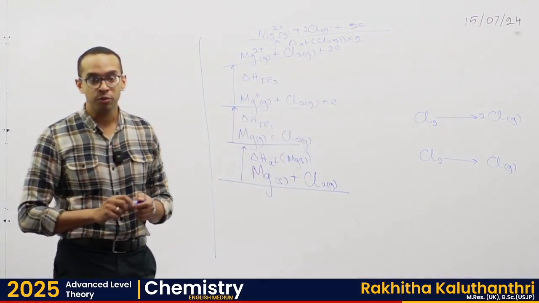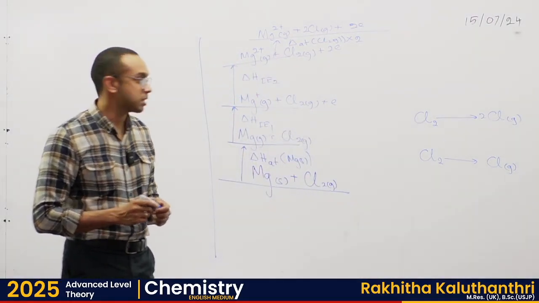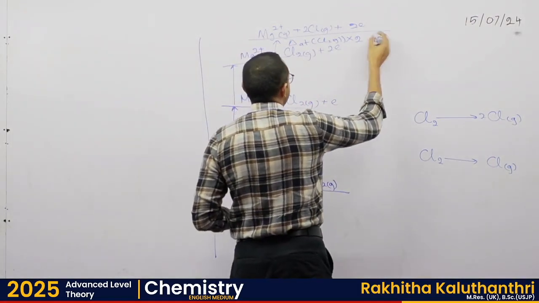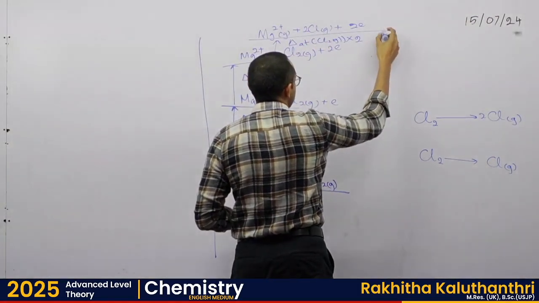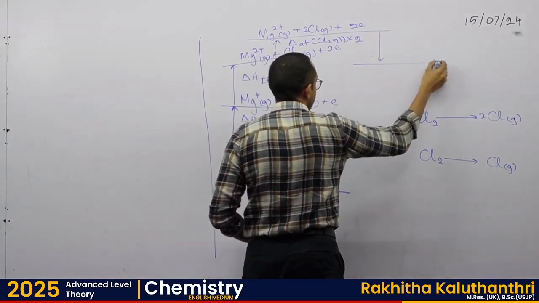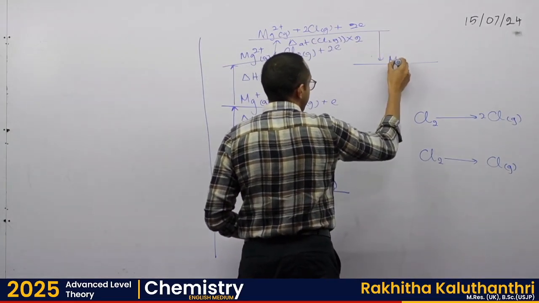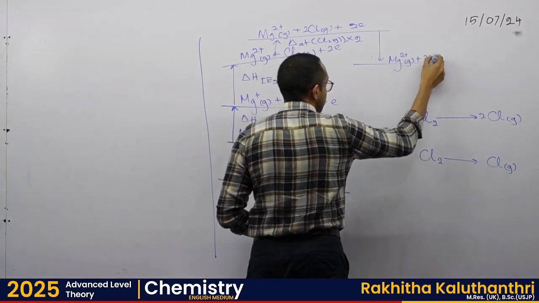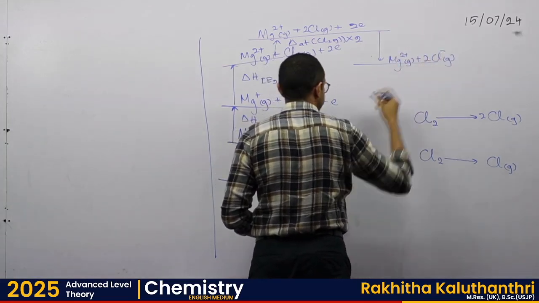Without the key, you will find it difficult to get to the answers. So afterwards, we have these turned into Cl1 minus. Here we have magnesium 2 plus gas plus 2Cl1 minus gas.